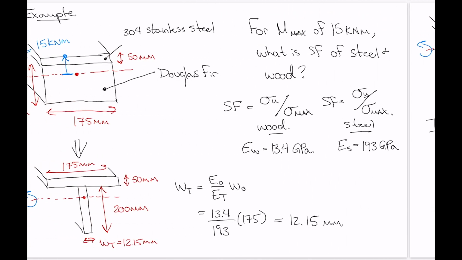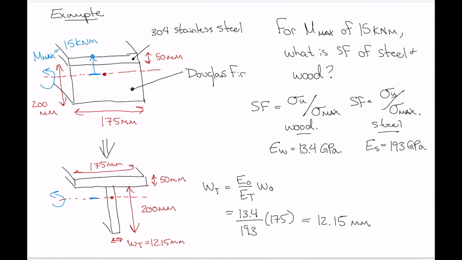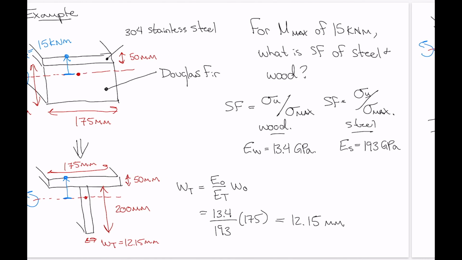So on our transformed cross section, that is, again, right up at the top. And that piece of steel hasn't been transformed. So we're dealing with the untransformed material, which means we can calculate the maximum stress in the steel just using our equation My over I transformed.